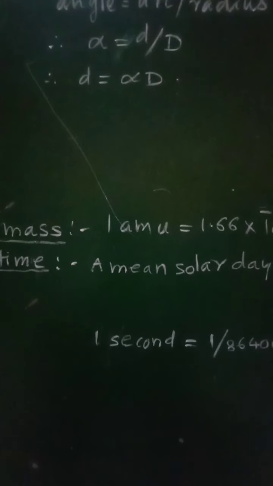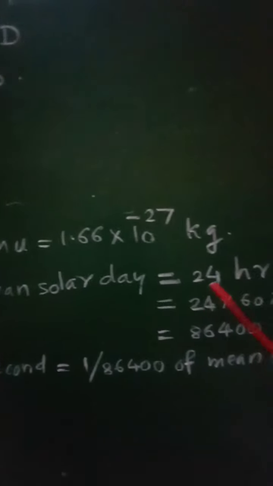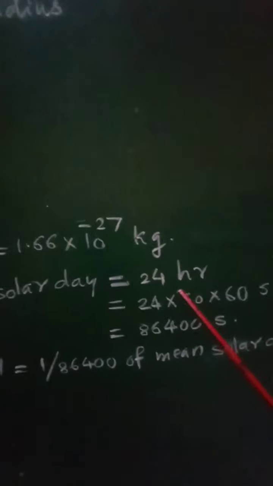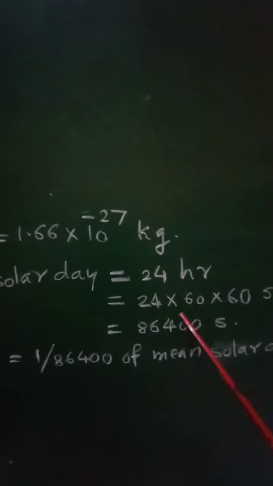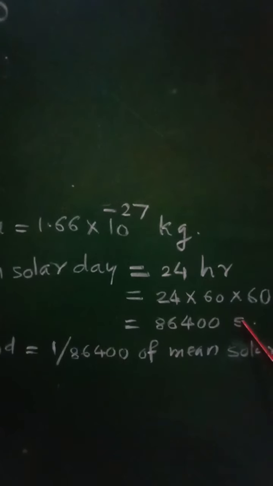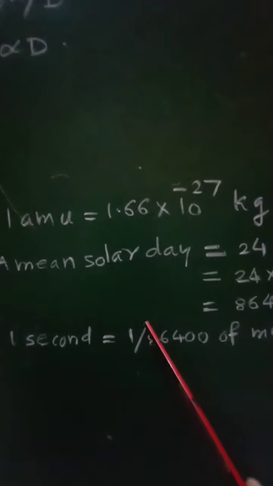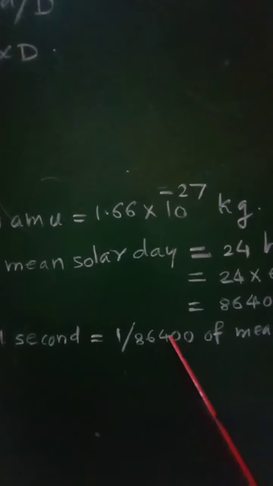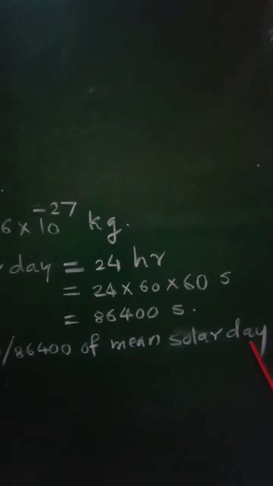Thus, a mean solar day will be equal to 24 hours. That will be equal to 24 into 60 into 60 seconds, which comes to be 86,400 seconds. And therefore 1 second will be defined as 1 upon 86,400 of a mean solar day.